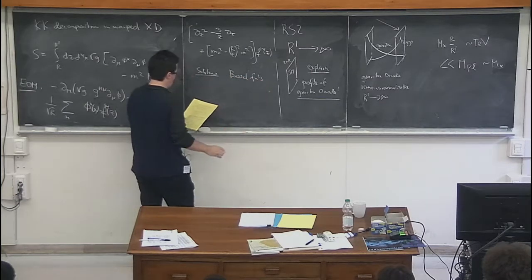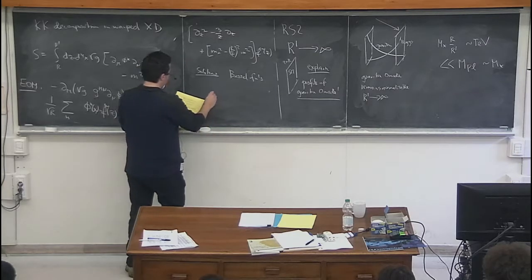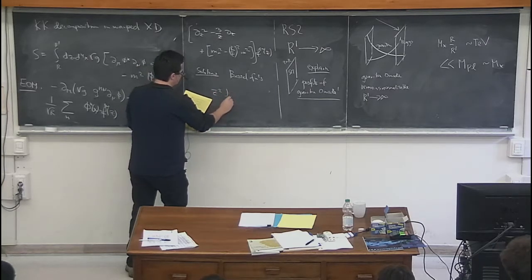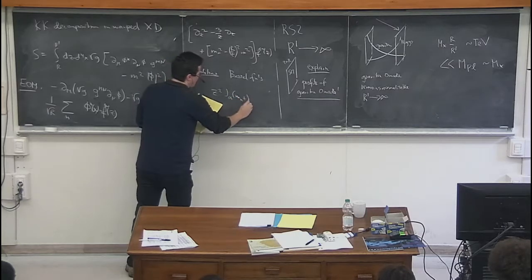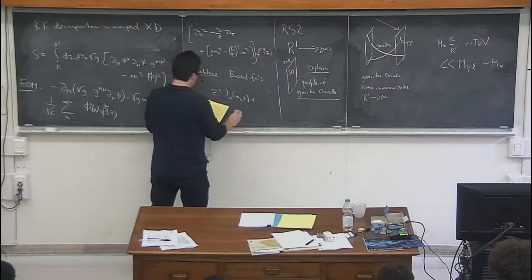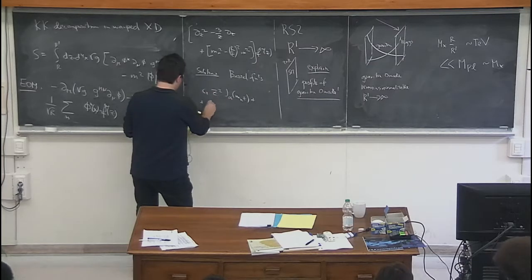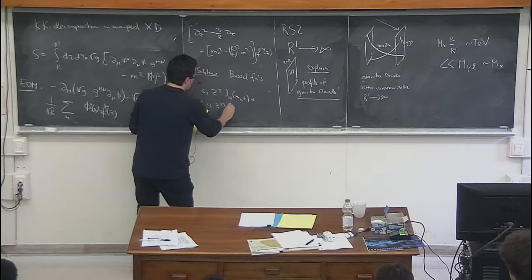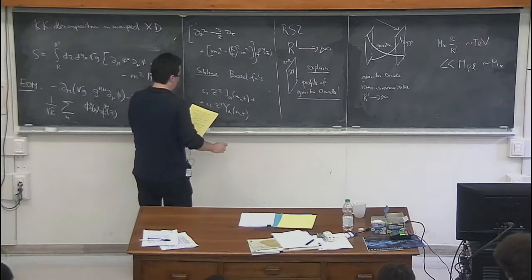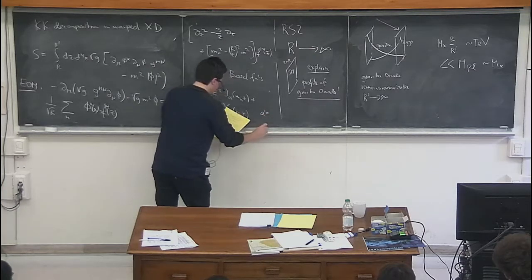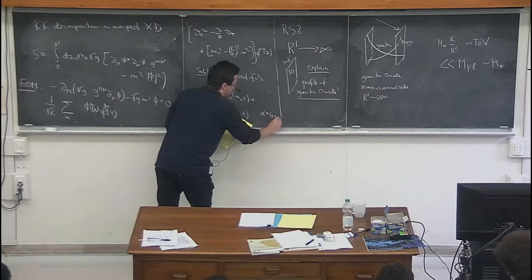In fact, they are going to be powers times Bessel functions, z squared times J alpha mn z plus, there's some constant here, c2 times z squared Y alpha mn z. And the alpha is, that's an important thing, 4 plus m squared r squared.